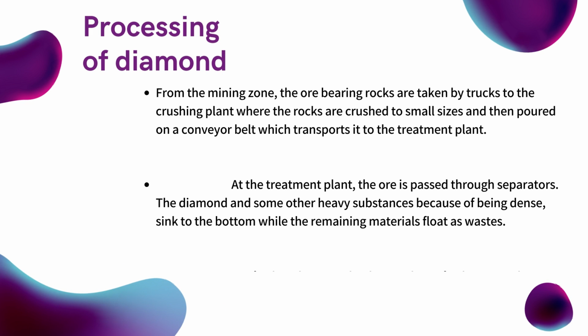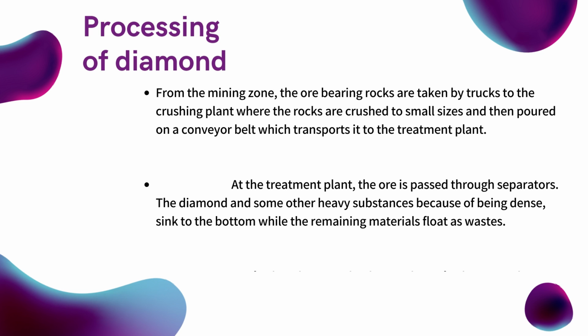We're also saying the processing of diamond from the mining zone. As we have said, the ore is crushed in the plants into small sizes, put on a conveyor belt, which transports it to the treatment plant. At the treatment plant, the ore is passed through a separator, and the diamonds, being heavy and dense, sink to the bottom, and then the remaining material floats as waste.